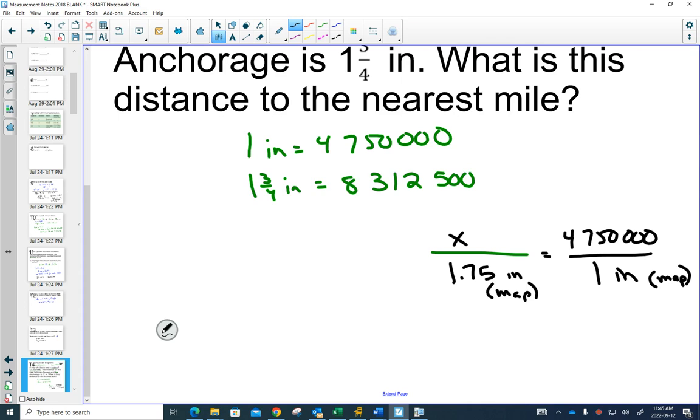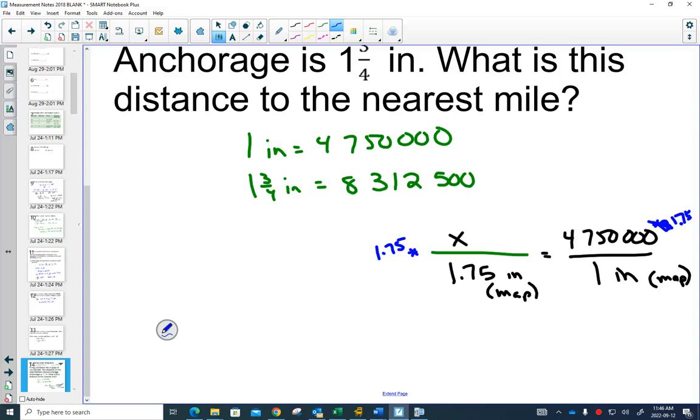How would I get x by itself? Well, I'm dividing by 1.75. The opposite would be multiplying by 1.75 on both sides. That's a really pretty multiply sign. And then that would give me this answer as well.